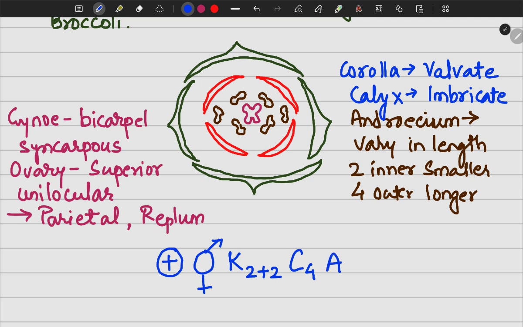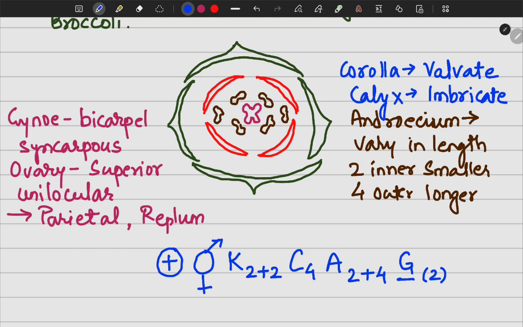Then we will describe the androecium, which has 6 stamens in total, out of which 2 are inner and smaller and 4 are outer and longer. They vary in length. And then the gynoecium with the superior ovary, and how many carpels are there? 2 carpels are there and they are fused, so we will write the bracket for fusion.